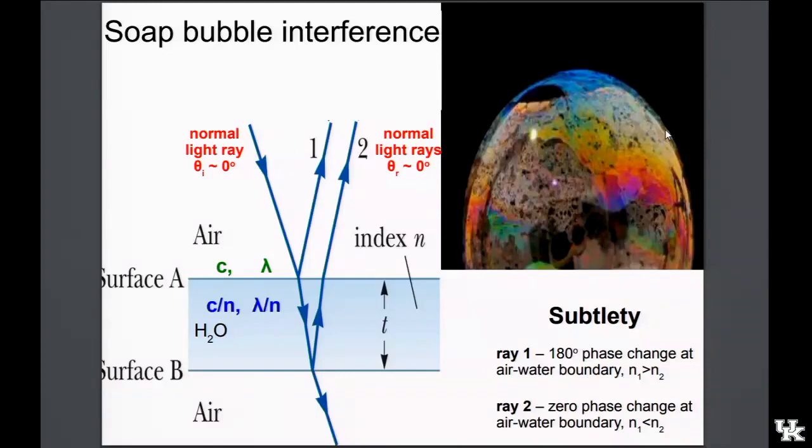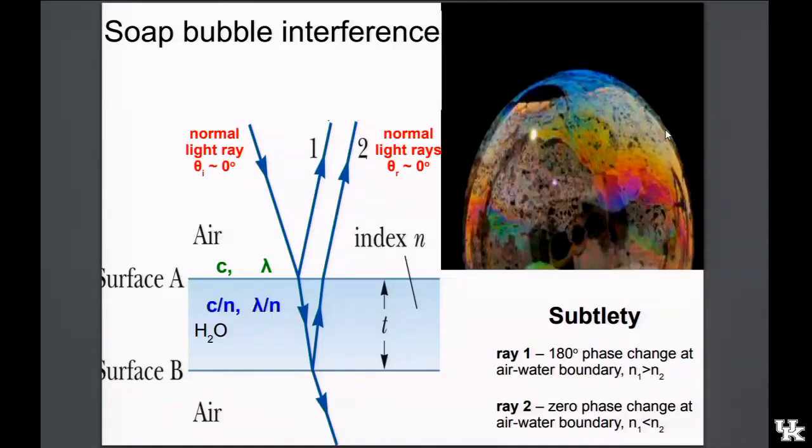Okay, so let's see if we can explain this in terms of light. Here is a little section of a soap bubble. And so this little diagram here is going to explain this interference pattern. And then we're going to come up with an equation for this interference pattern.